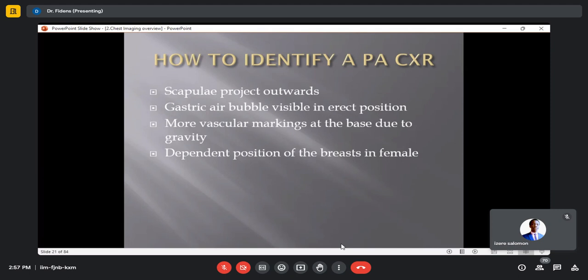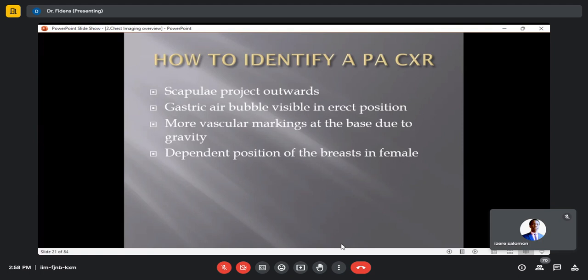Number 3, more vascular markings at the base due to gravity. That's another sign, but not that important compared to the scapula projecting outwards. Normally, the wall of the vessels is very thin to be seen on chest radiograph.